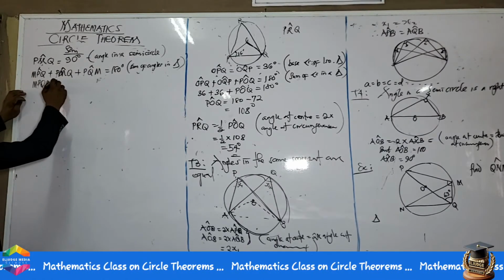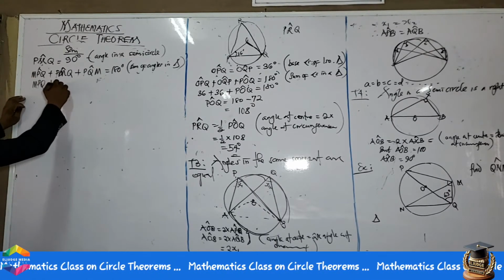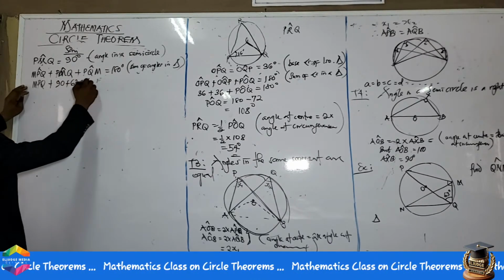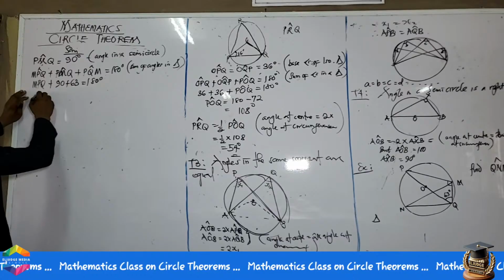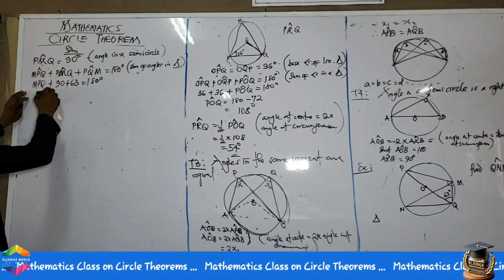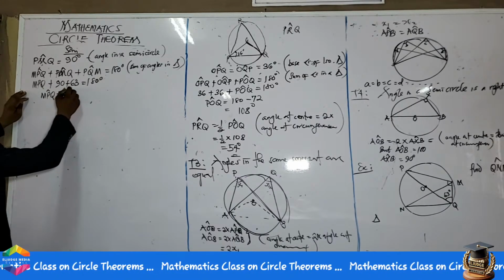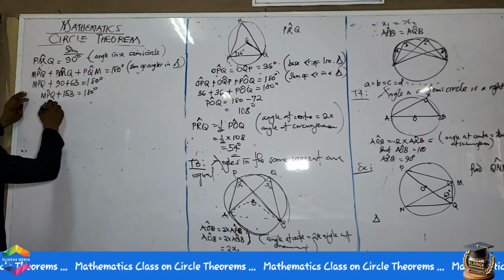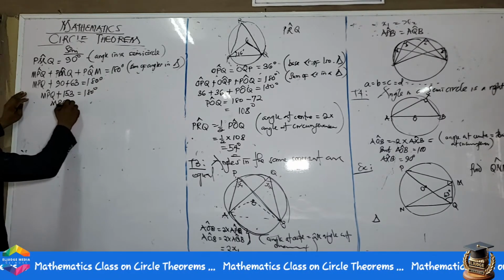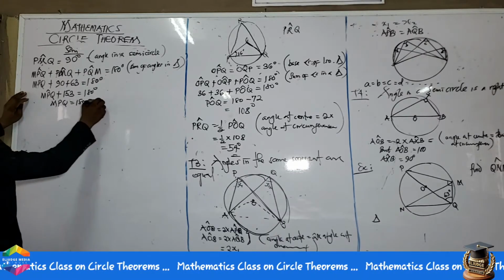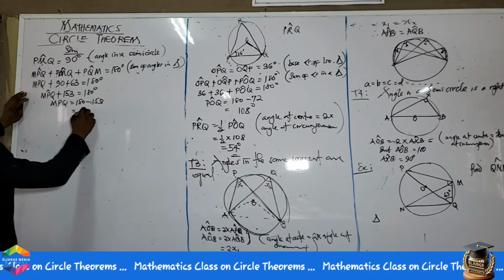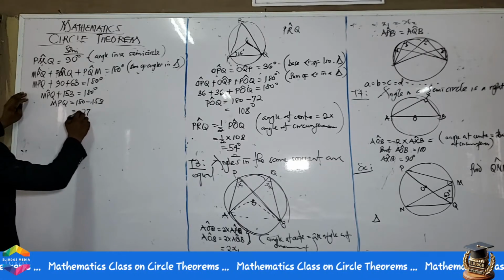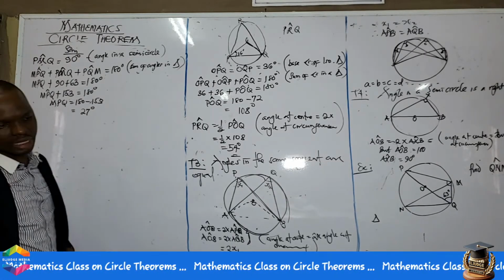MPQ plus this is PMQ 90 plus 63 equals 180 degrees. So MPQ plus 153 equals 180 degrees. So MPQ equals 180 minus 153, and that will give us 27 degrees.